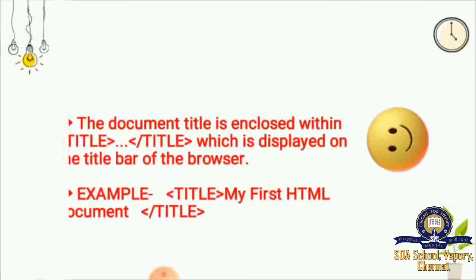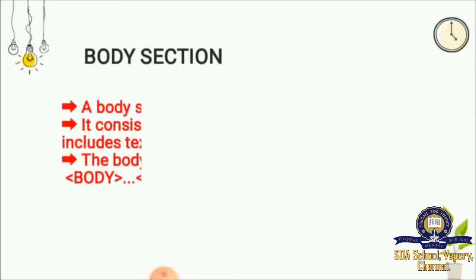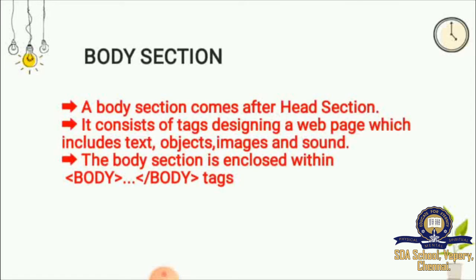Next we are going to learn about the body section. The body section comes only after the head section. It consists of tags for designing a web page, which includes text, objects, images and sounds.